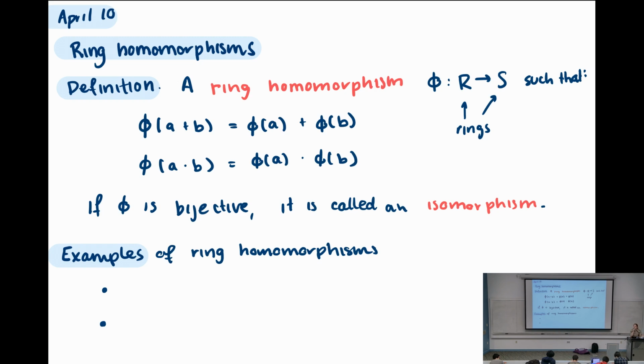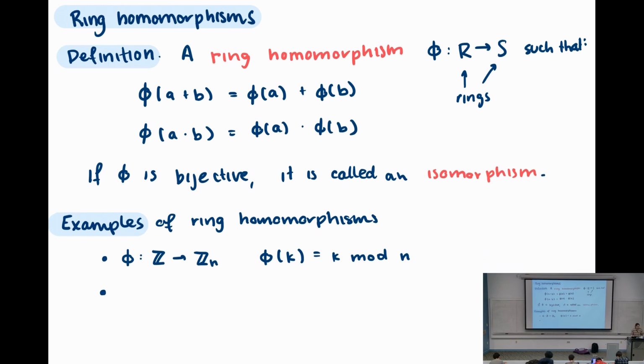Okay, I'm gonna go ahead and give you two examples that I had written down. So we can make one from the integers to the integers mod n by just taking any integer k and sending it to k mod n. Okay, so this is an example of a ring homomorphism.